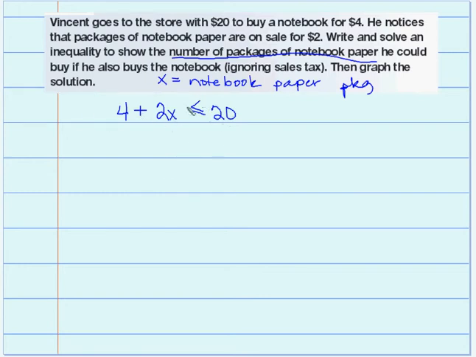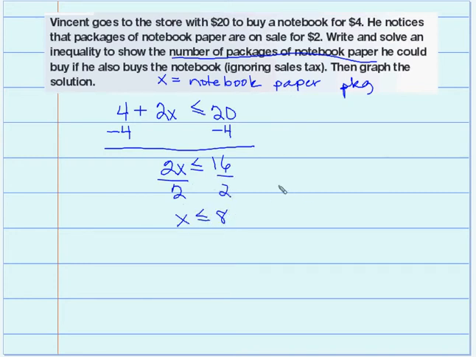Whatever he buys has to be less than or equal to $20. So let's solve and see how many packages of notebook paper he could buy. Let's see, this would be 16, so there again we're multiplying by 2, so divide by 2. x is less than or equal to 8.